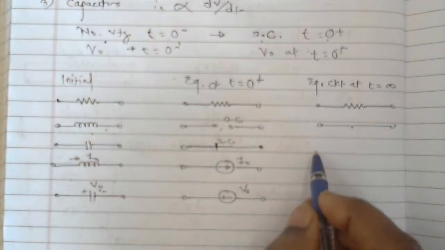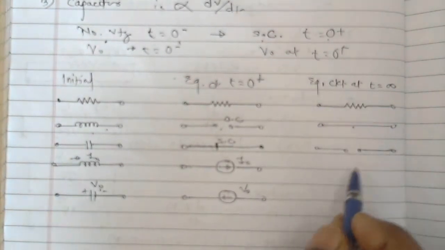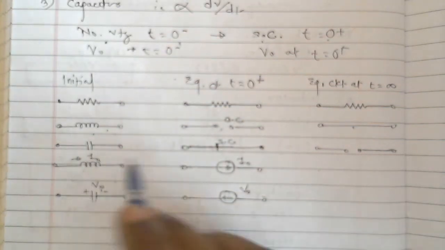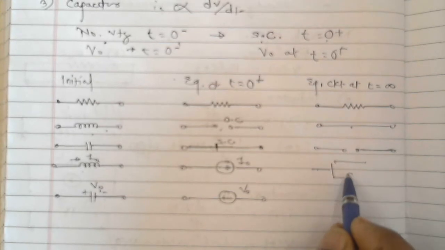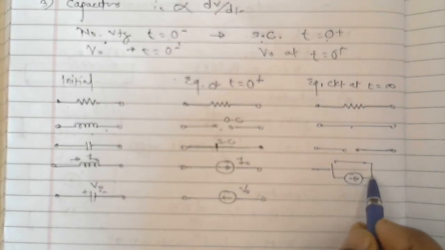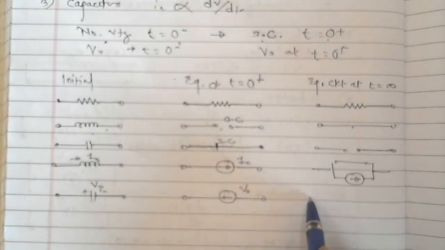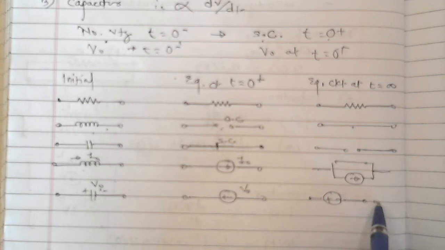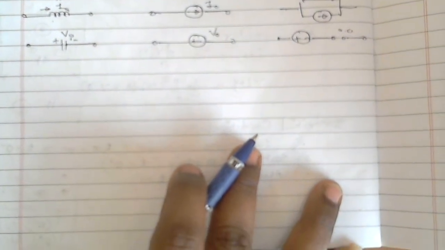Similarly, a capacitor at steady state will act as an open circuit because it will fully charge. Similarly, an inductor with some initial current will act as a short circuit in parallel with the current source, and a capacitor with some initial value will act as a voltage source in series with the open circuit, right? So you need to remember this table. It is very important.